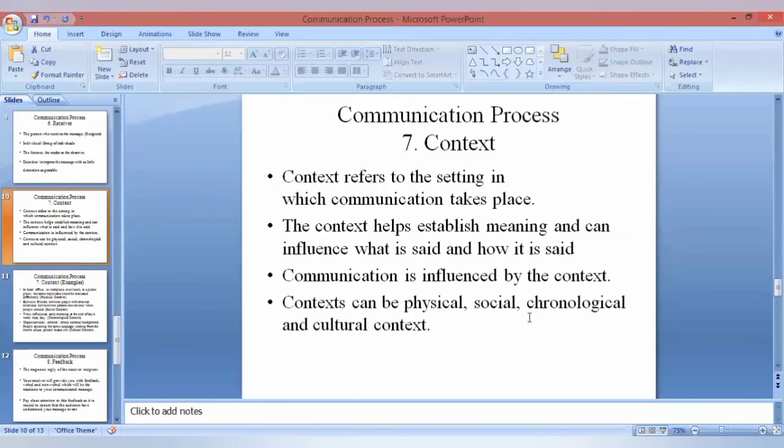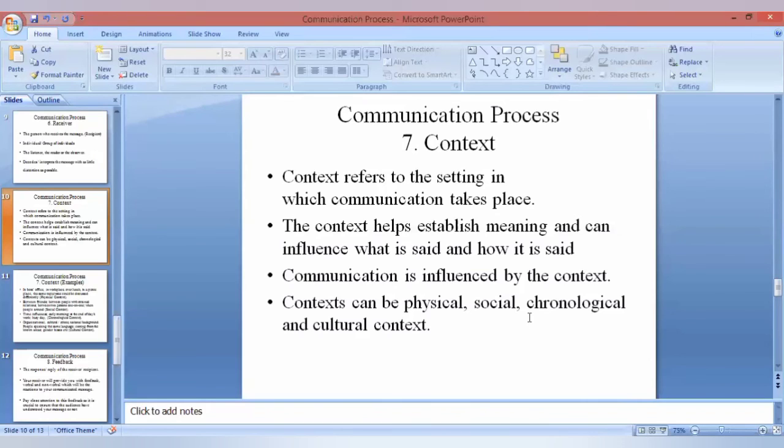So the context helps establish meaning, and it can also influence what is said and how it is said. Most of the time, the communication that takes place between the sender and the recipient is influenced by a single context. And keeping in view that context, they interact with one another, they exchange information with one another.